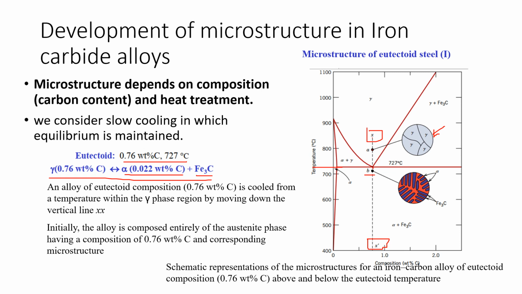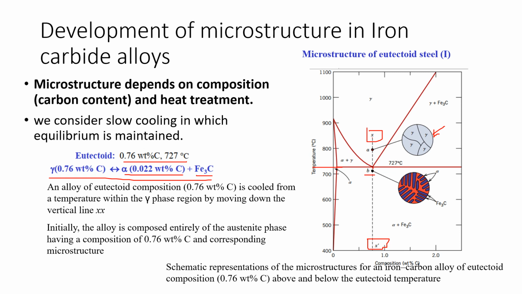If we look at the microstructure at point B, we have cooled down from 800 to 700, below 727 degrees centigrade, maintaining the same composition, and at 727 degrees centigrade the reaction occurred.